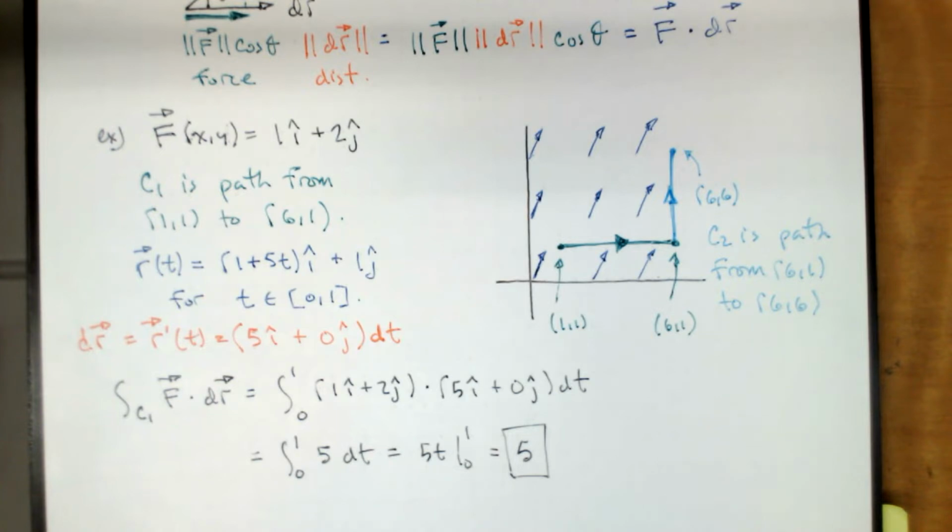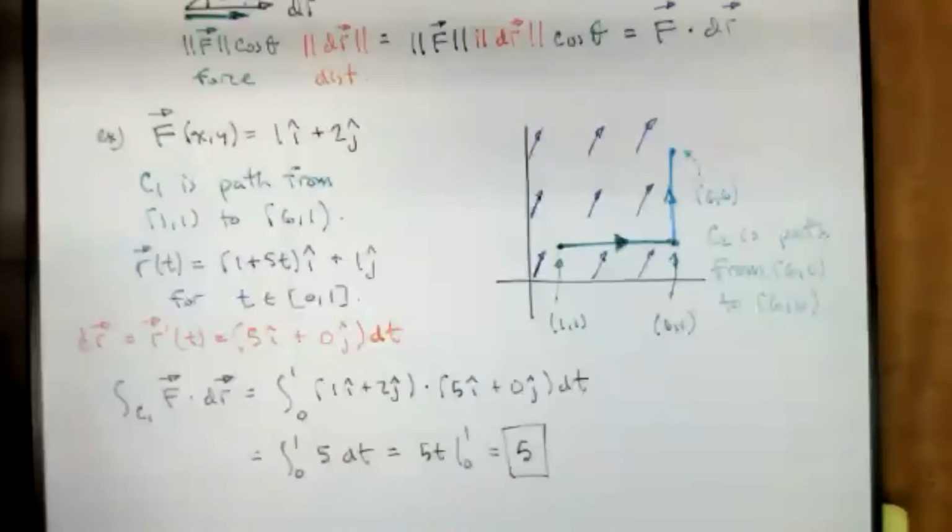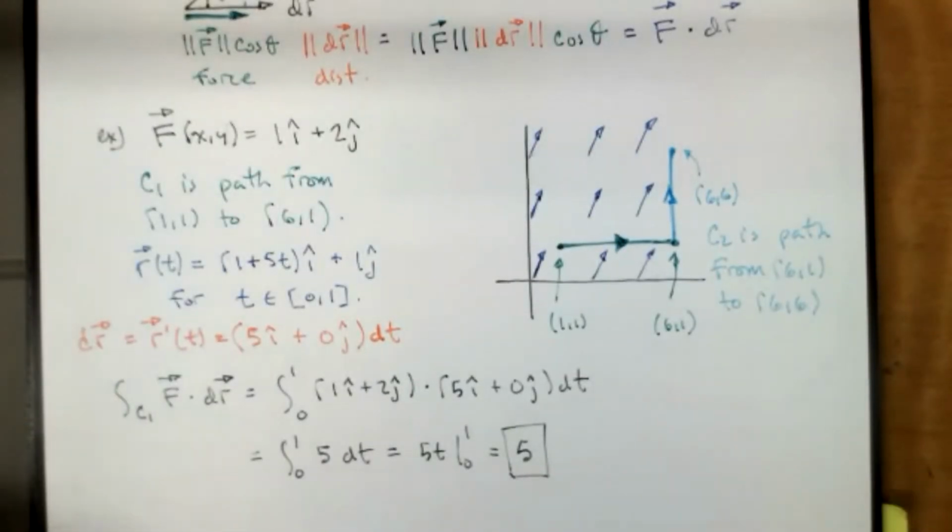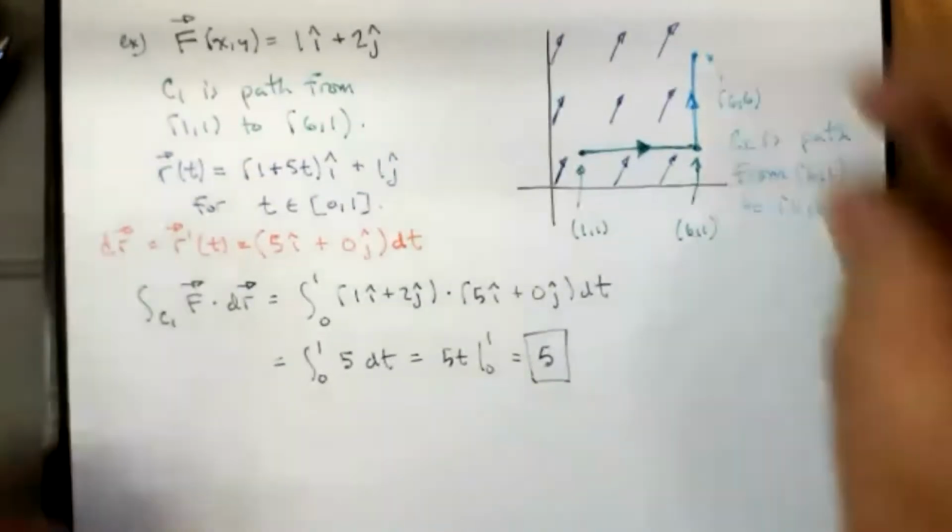Here I have a distance of 5 again, but my component of the force is 2. So that changes what we expect from our calculation. We're expecting 10.